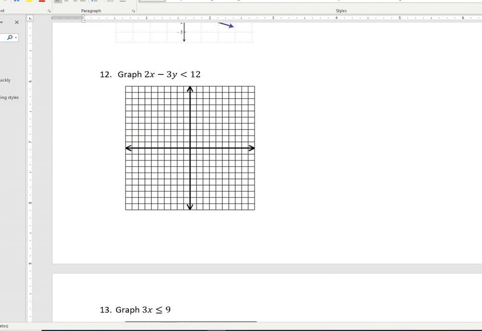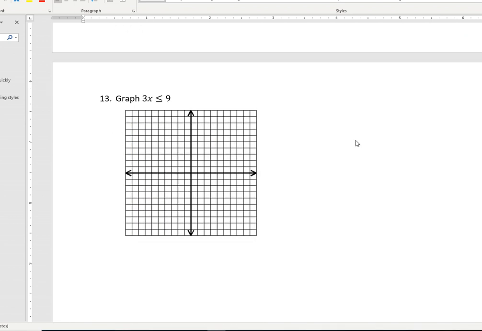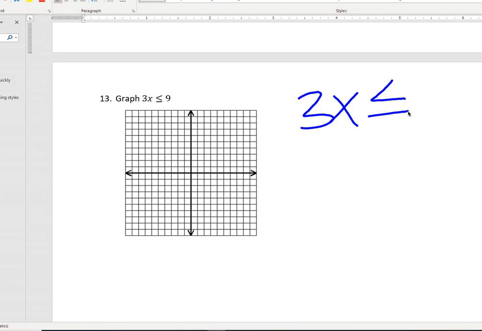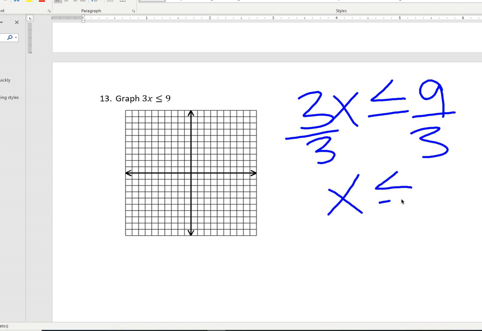Let's go on to the last one, I think. Yes. A lot of you guys were confused with this one, but again, if you only have a letter, then you make sure that the letter is by itself. Divide by 3. So I have x less than or equal to 3. This is one of those special cases. It says you have to touch the x at 3.